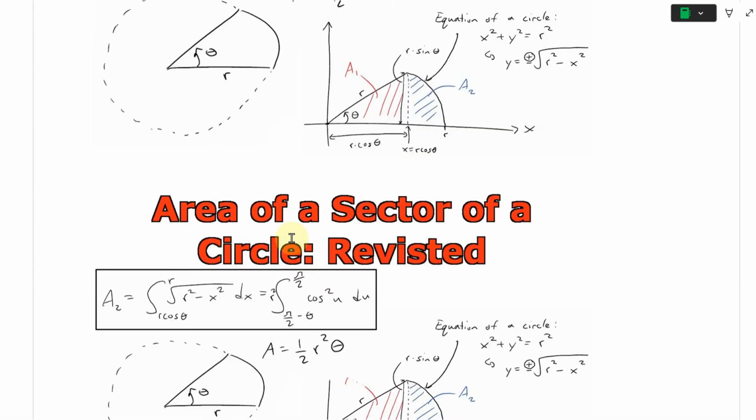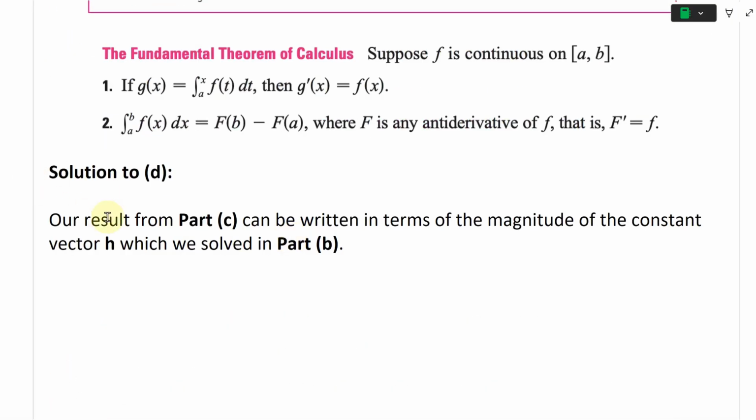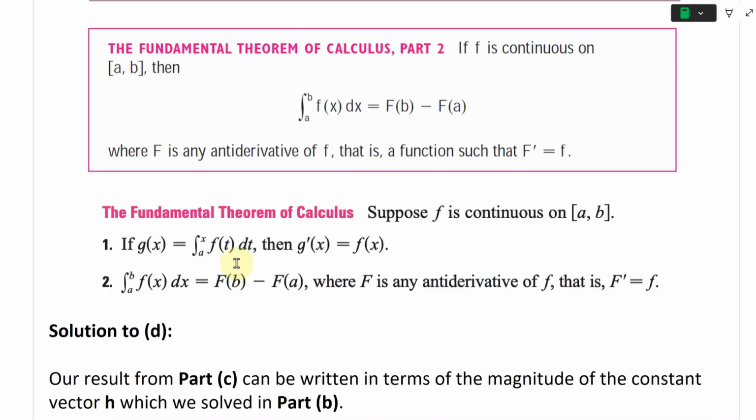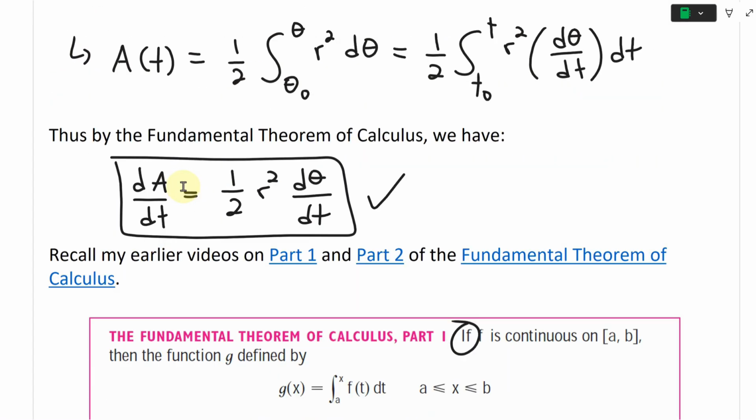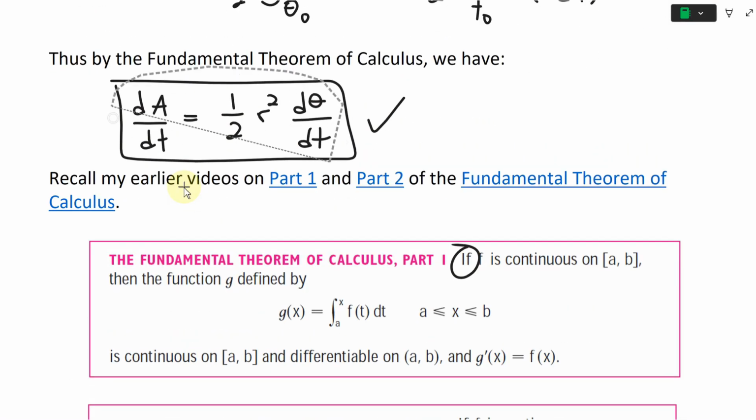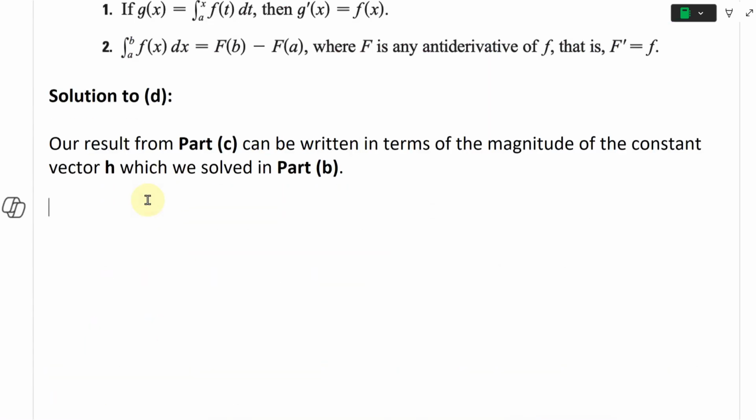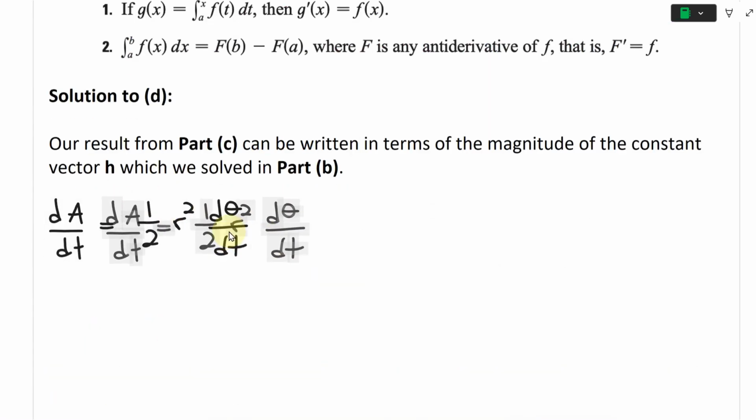All right, so let's read that out again. Our result from part C can be written in terms of the magnitude of the constant vector h, which we solved in part B. So we have this right here. I'm just going to copy this, easier. All right, so this right here equals that.